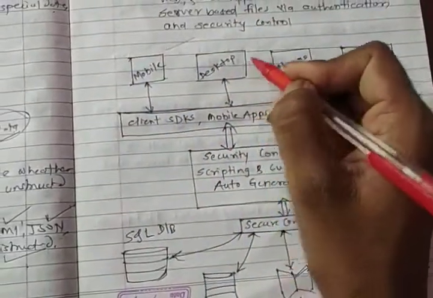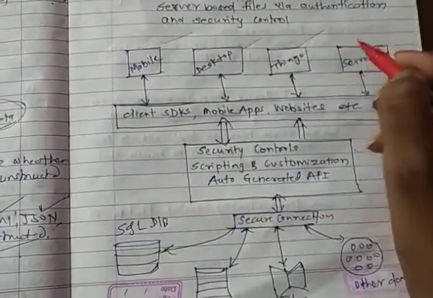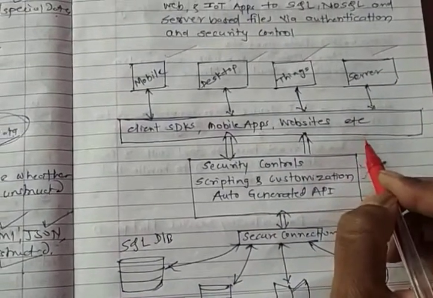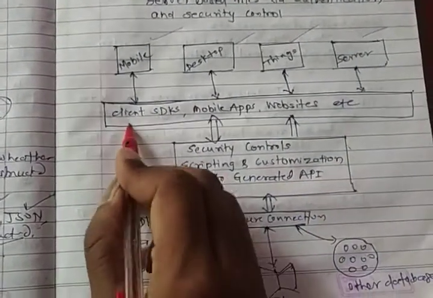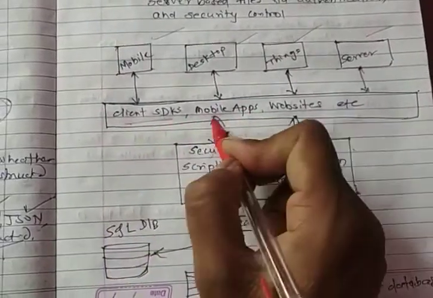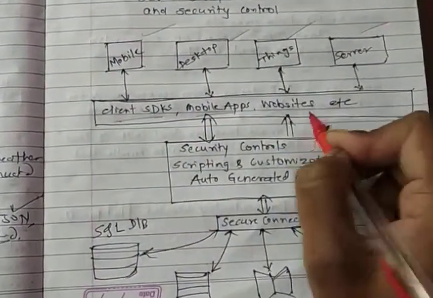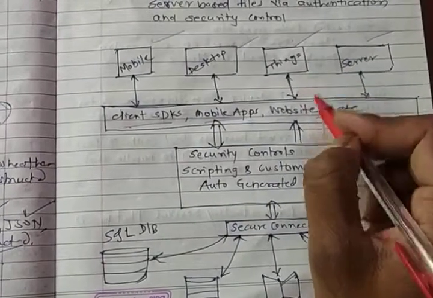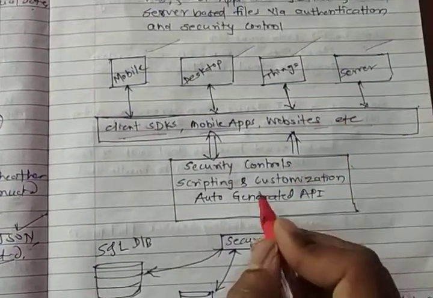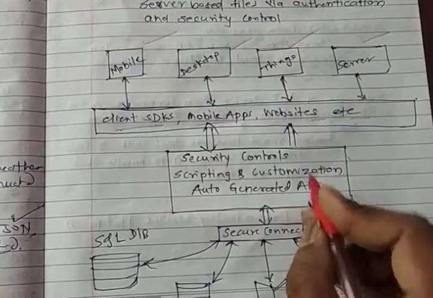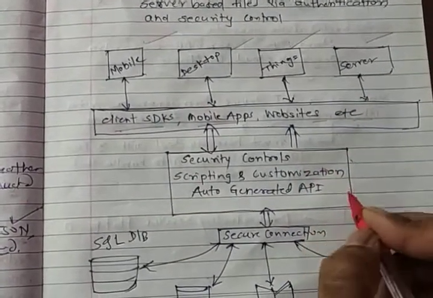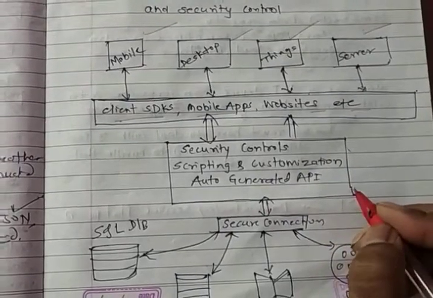Any device like a mobile or desktop PC or any sensor can use the IoT device through client SDKs, through a mobile app, through websites, etc., right? All these devices can use the IoT device, and the IoT device will respond to the devices and collect the different information from the various sources, right?